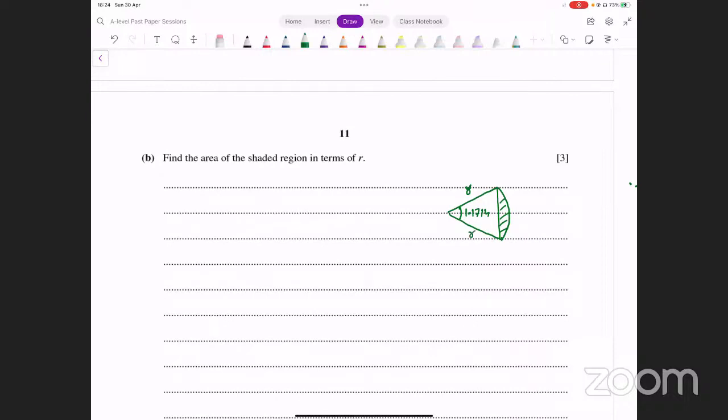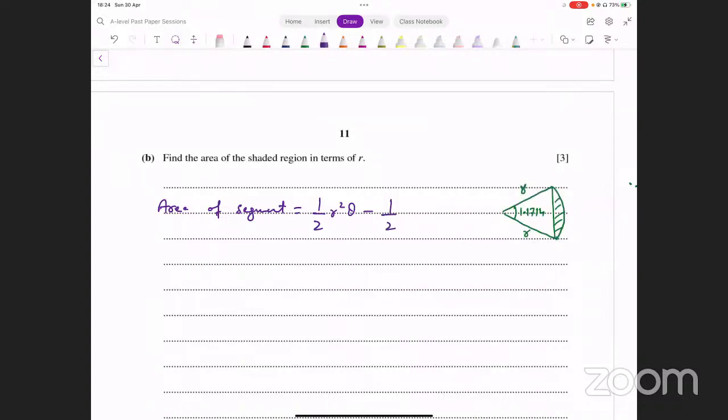Radius भी है, angle भी है, segment के area निकालना है. Segment के area कैसे निकालते हैं? Sector में से triangle minus कर दें. Let's find that. Area of the segment. Sector के area, that's half r square theta. Subtract from that the area of the triangle, half AB sin C use कर लें. दोनों sides r हैं, so that's r into r, that becomes r squared into sine of the angle, sine of theta. इसके अंदर values input कर दें.